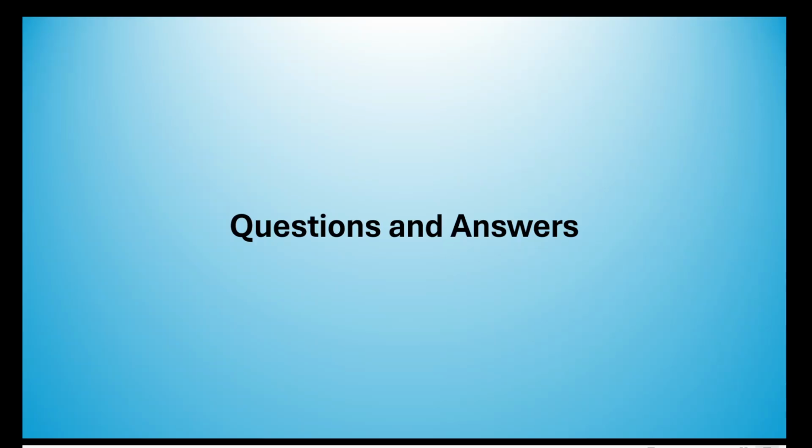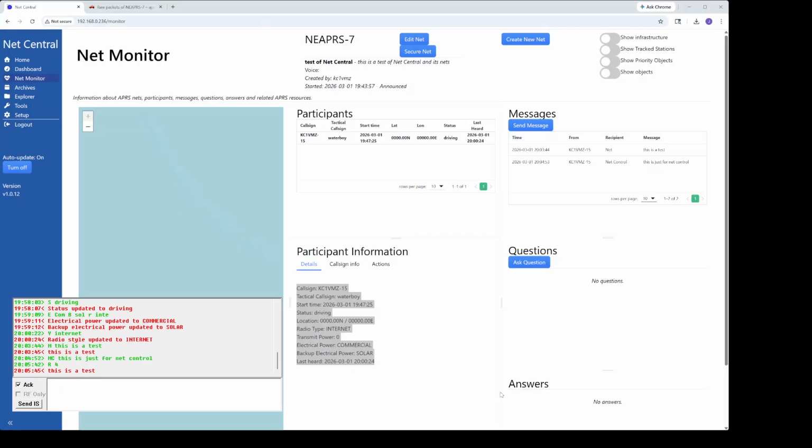Now moving to questions and answers that can be posed within a net between participants. From my client or from the Net Central web UI, I can ask a question of the entire net. When I do it from my APRS client, from my radio or app, I can say question Q, say, is everyone in place?